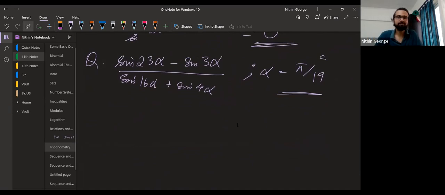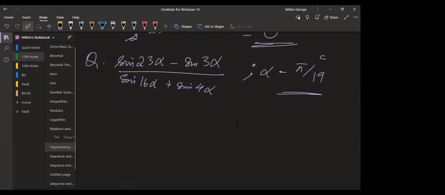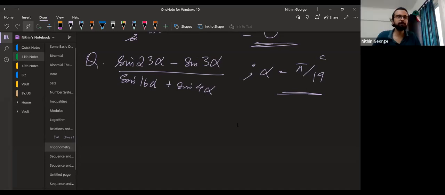This question. Okay, what's sin A minus sin B?